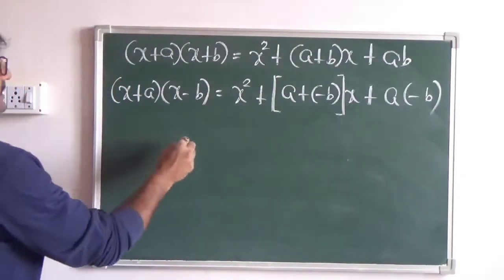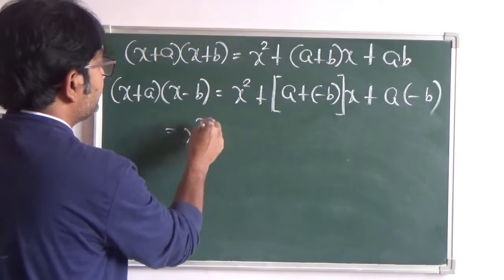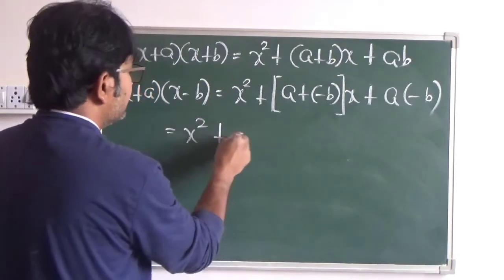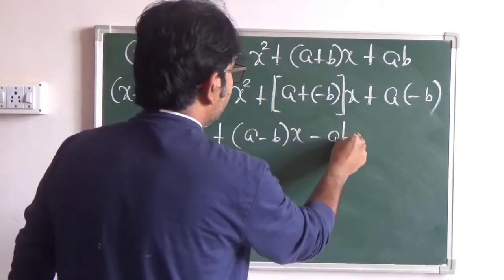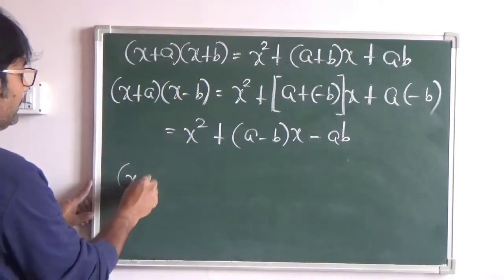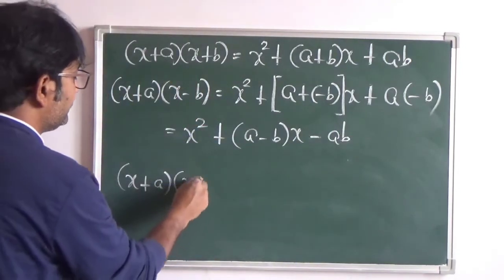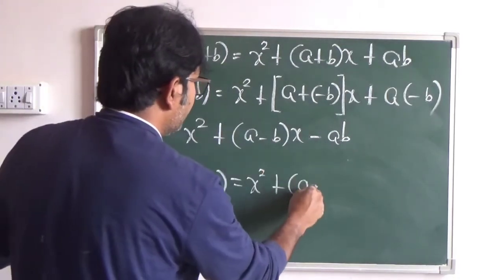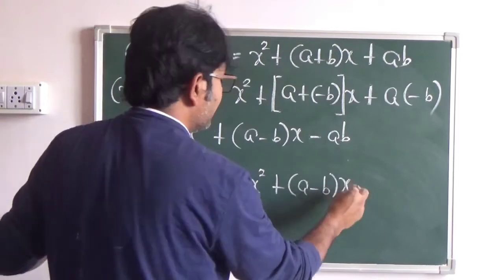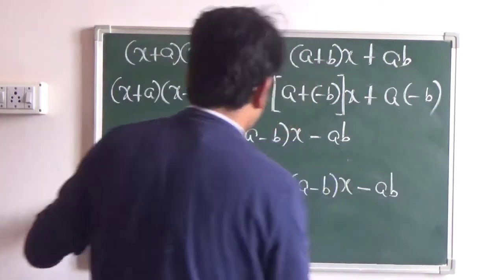So we have x square plus (a - b) into x minus ab. So (x + a) into (x - b) equals x square plus (a - b) into x minus ab.